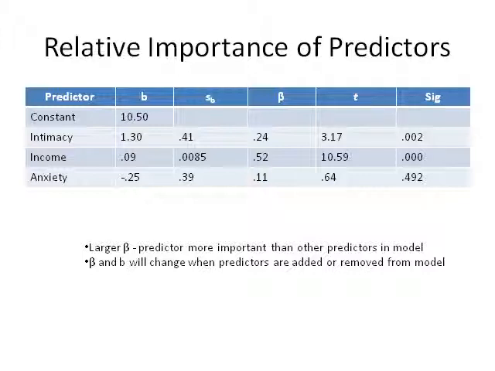Similarly, we can also see that income has a larger beta than intimacy. Thus, while they are both significant unique predictors of the criterion, based upon the beta, we would conclude that income plays a more important role than intimacy in determining the final z-score.